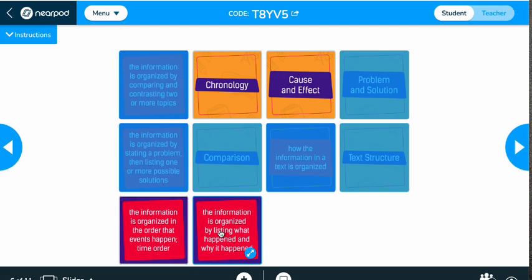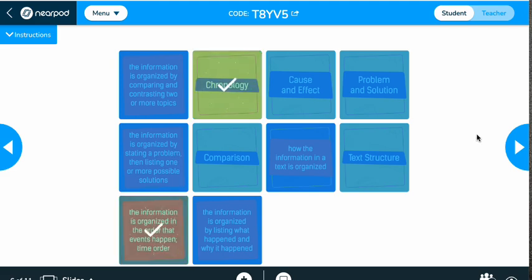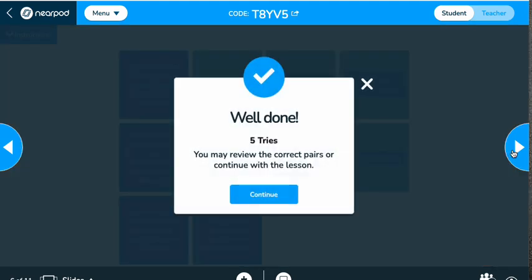Well, I know that cause and effect relationships are when we have dominoes that are standing, they get bumped and then they fall. So that would be what happened and why did it happen? Well, the blocks fell down. Why did they fall down? They got bumped. So cause and effect, awesome, which means chronology stands for chronological order. And I know chrono means time in prefixes. Whoop, whoop.